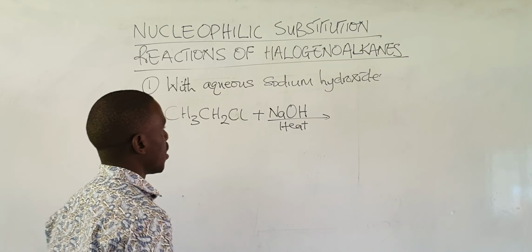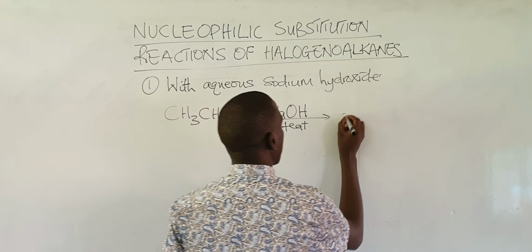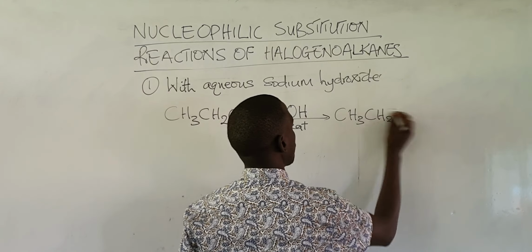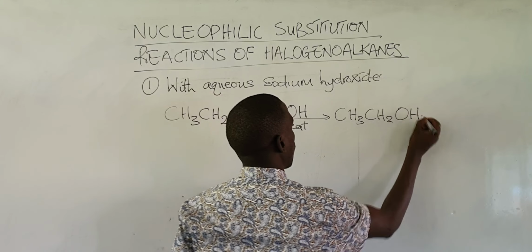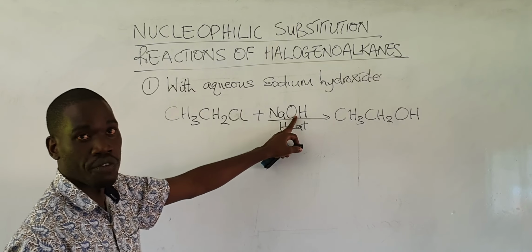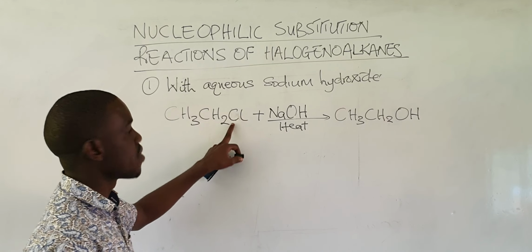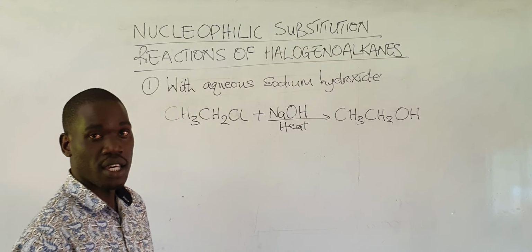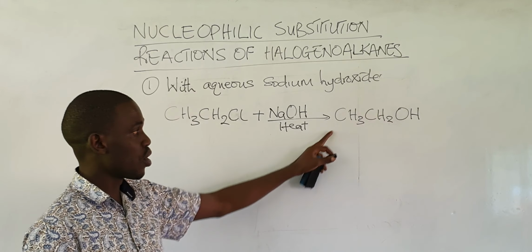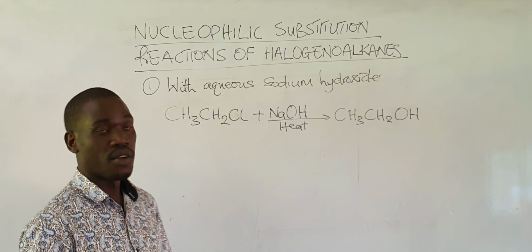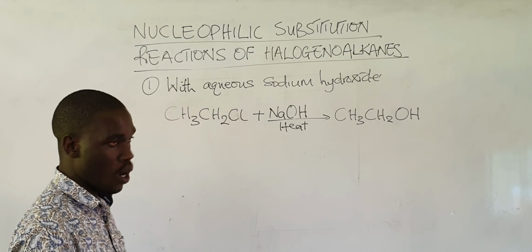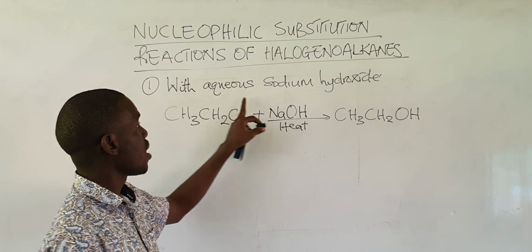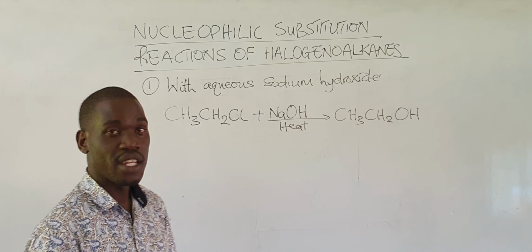Our product for this substitution is ethanol. We have the OH from the alkali replacing the chlorine from the halogenoalkane. That is a substitution that takes place in this reaction.